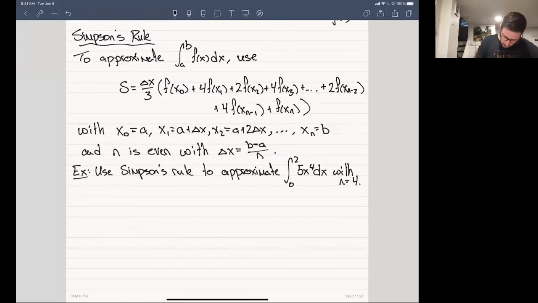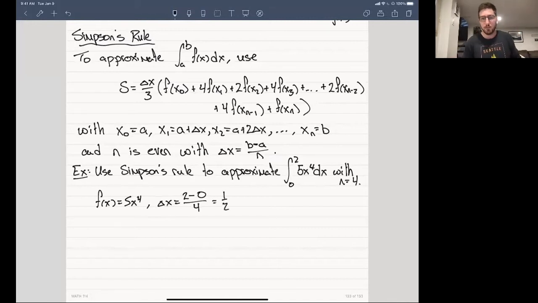Okay, so f of x is equal to 5x to the 4. And x0 is equal to 0. Sorry, we should compute delta x first, pardon me. Delta x is equal to 2 minus 0 divided by 4, which is equal to 1/2. So we're taking steps of 0.5.